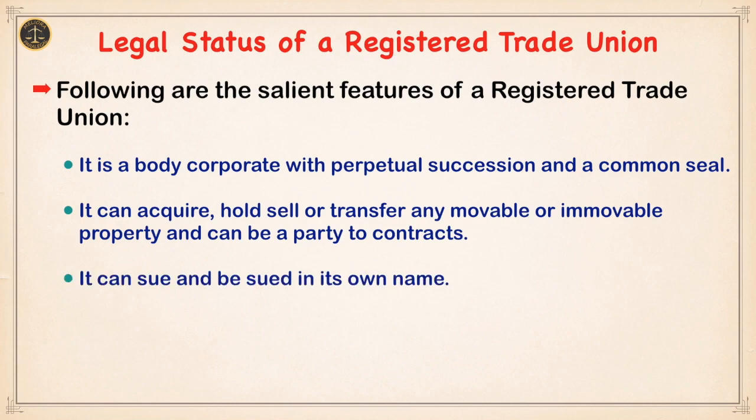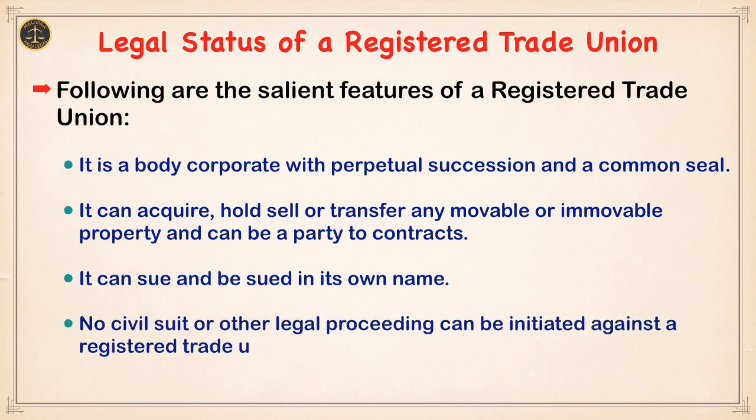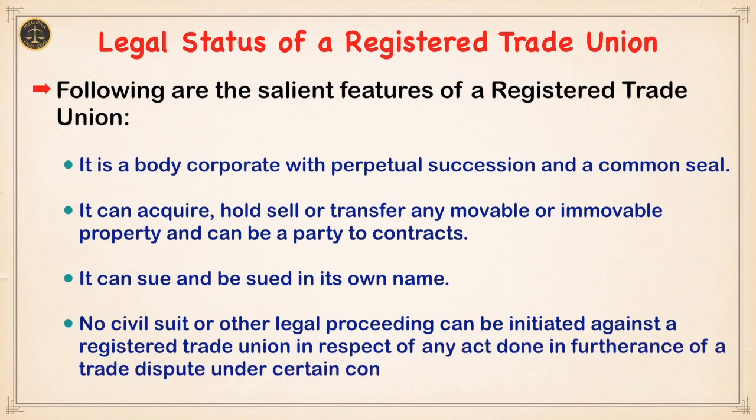It can sue and be sued in its own name. No civil suit or other legal proceeding can be initiated against a registered trade union in respect of any act done in furtherance of a trade dispute under certain conditions.